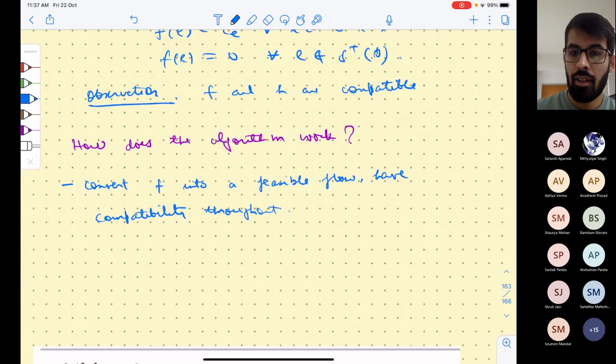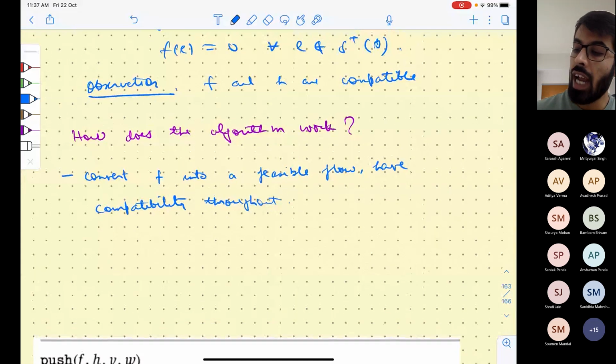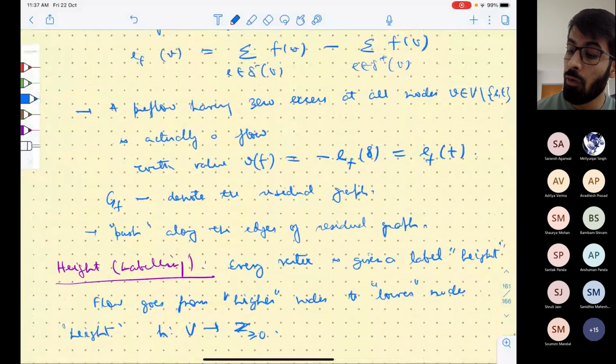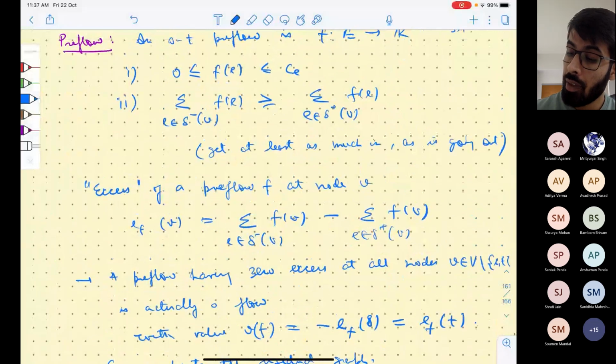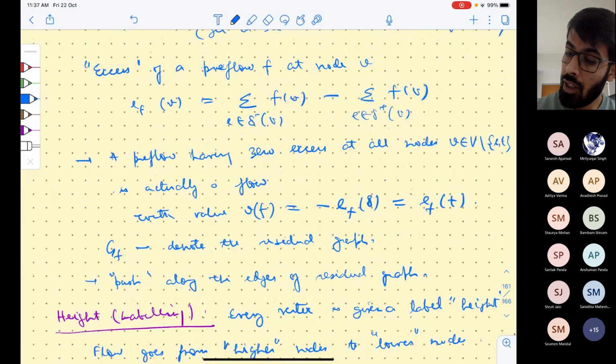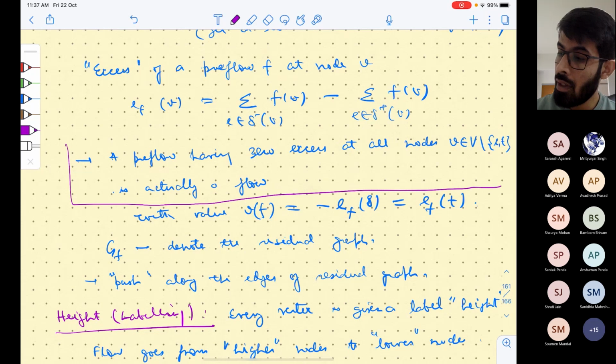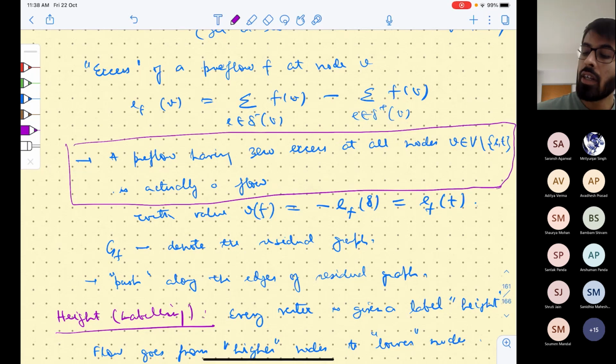Okay, this is the main idea. So how can we convert it into a flow? We had this condition about when a preflow is a flow: if a preflow has zero excess at all nodes, then it is a flow, right?